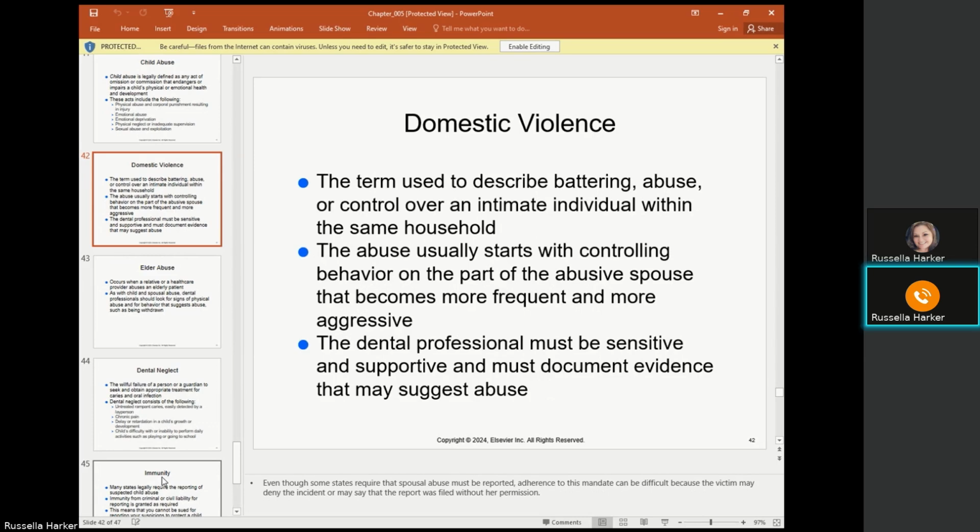Even though some states require that spousal abuse must be reported, adherence to this mandate can be difficult, because the victims might deny the incident or say the report was filed without their permission. Oftentimes, people who are victims of domestic violence take a while before they will admit to the abuse.